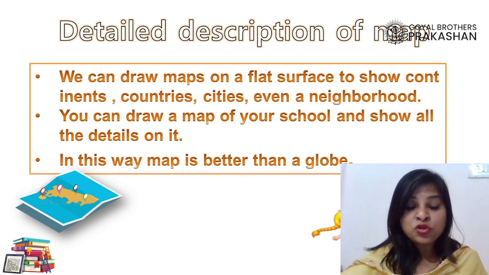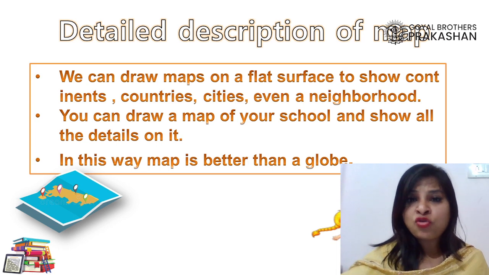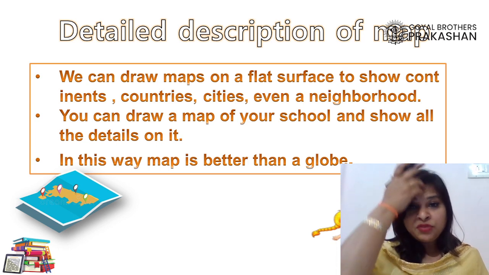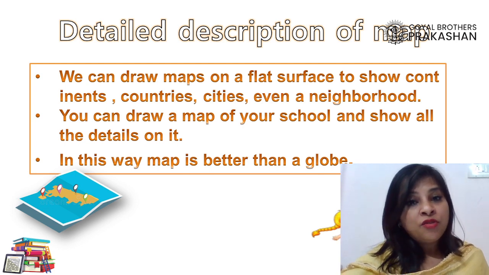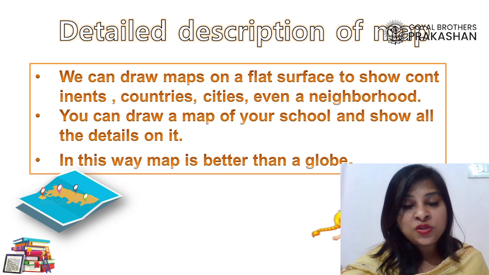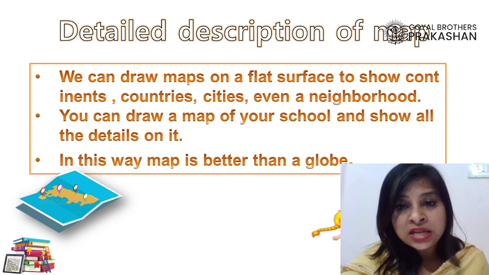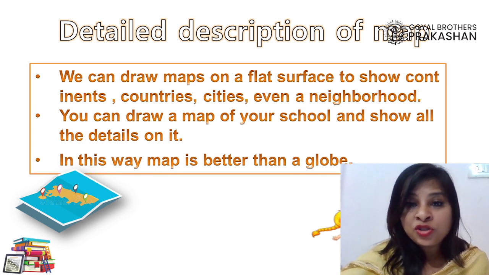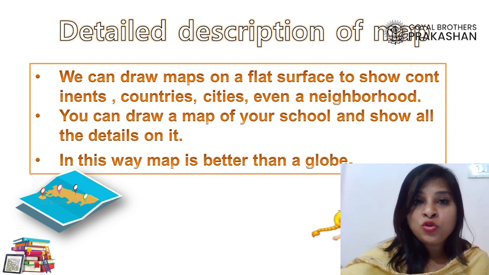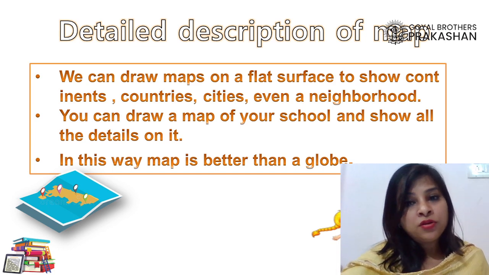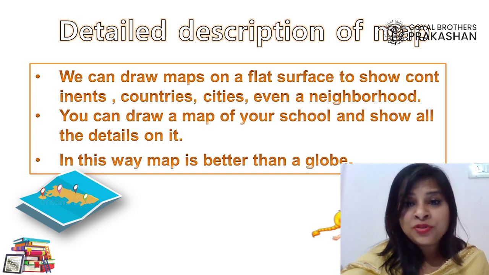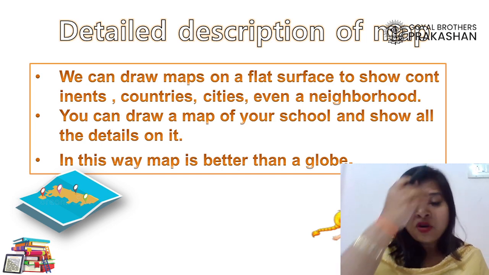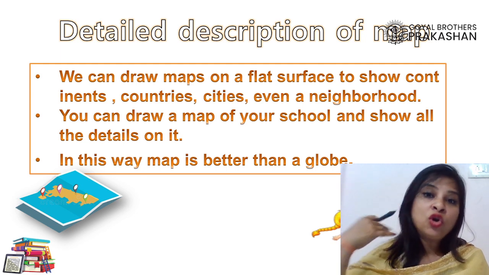You can show where the main gate is from where you enter your school, the way you go to your classes, the way to the library or the games field, or the labs, chemistry lab, physics lab, or any place you want to go to.